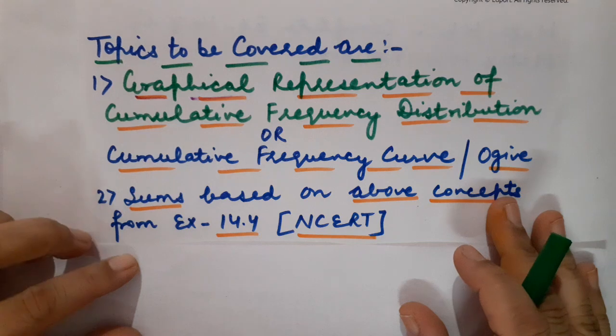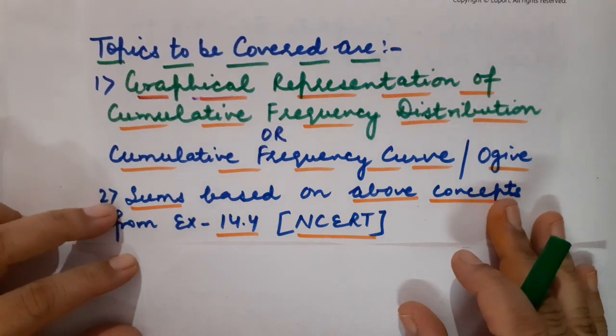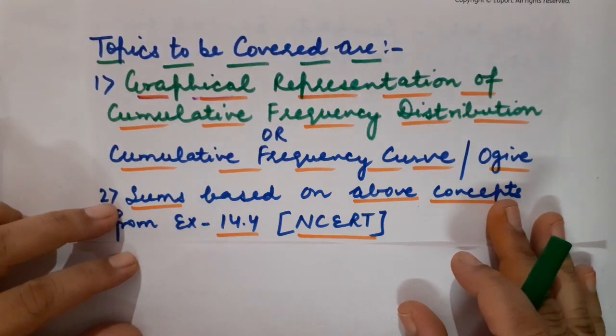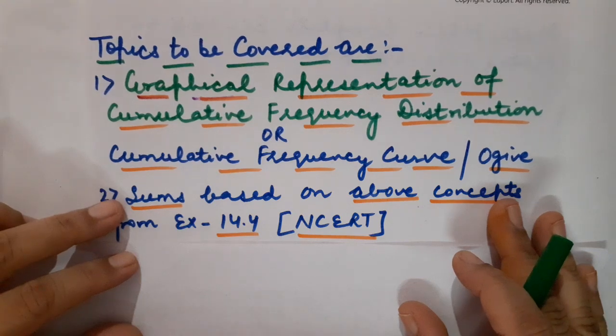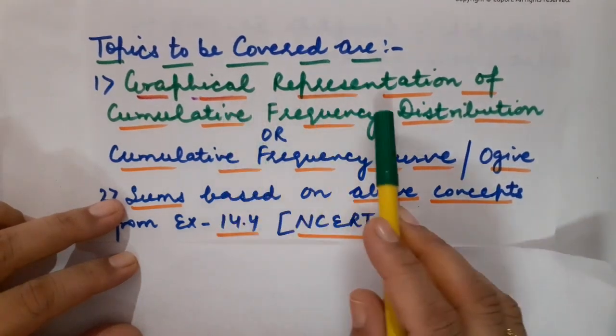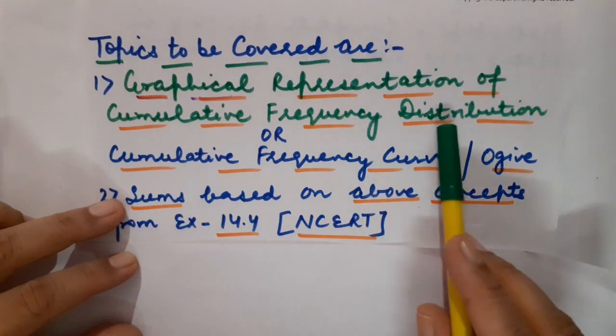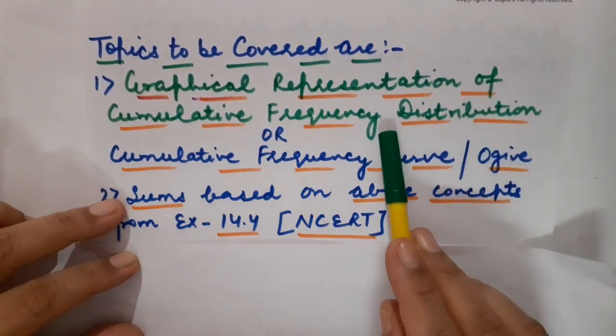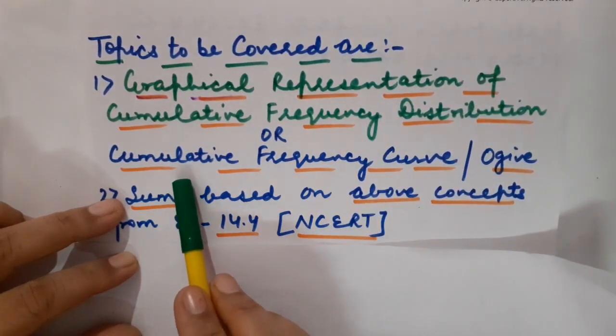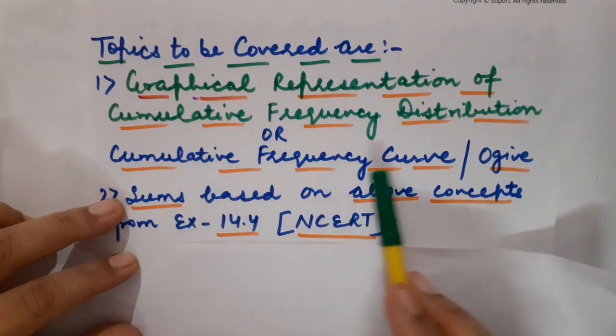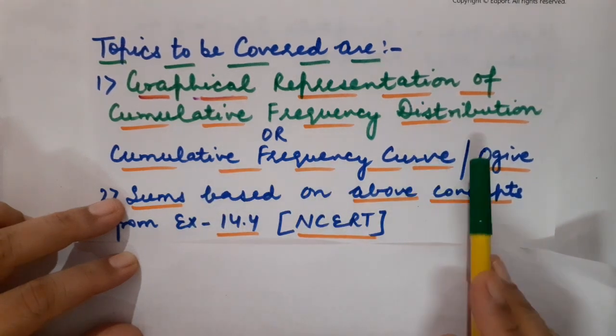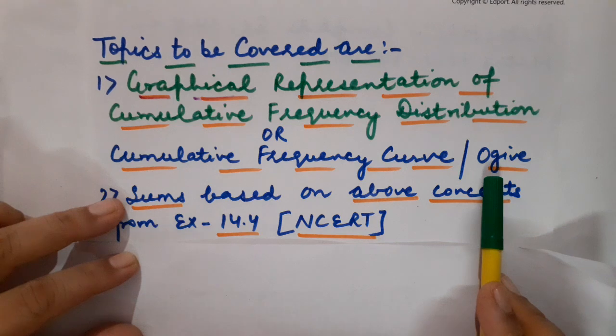So children, the topic which I am going to cover today in lecture number 8 of chapter number 14, statistics, is the graphical representation of cumulative frequency distribution, or we can say that we are going to form the cumulative frequency curve, and there is one more name for cumulative frequency curve, that is ogive.